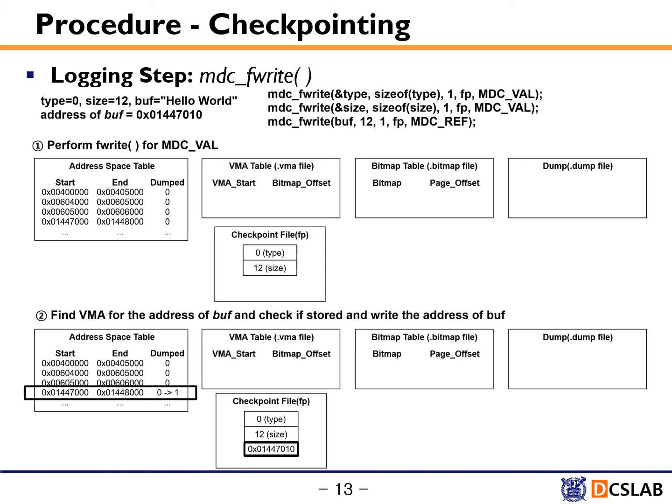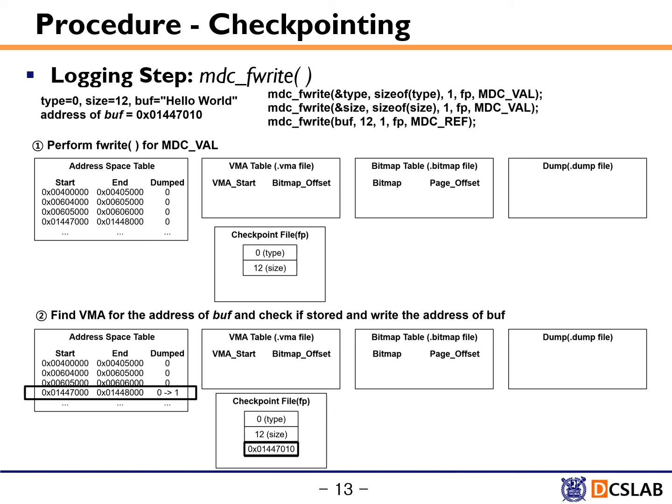But for the string object, we use MDC reference type because it is larger than 8 bytes and located in heap. For this case, we first find the VMA of the object's virtual address and set the dump flag to 1 if not set. Then we write the address of the object.